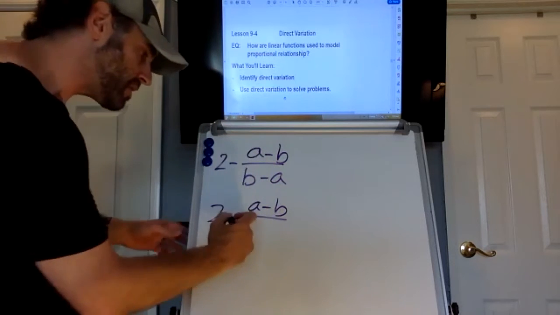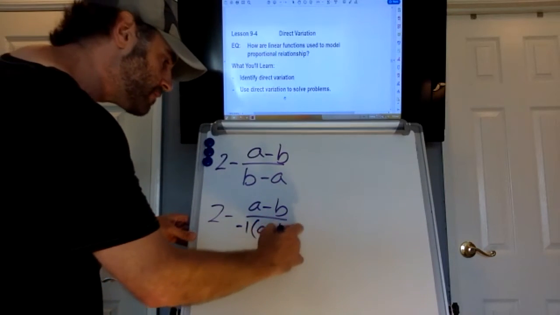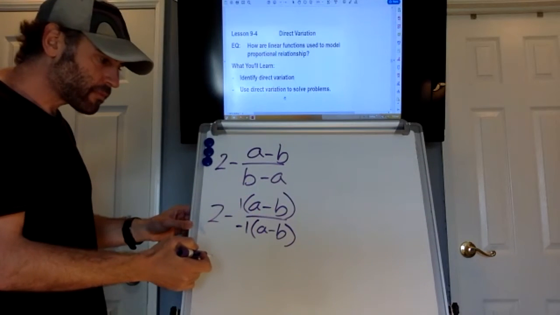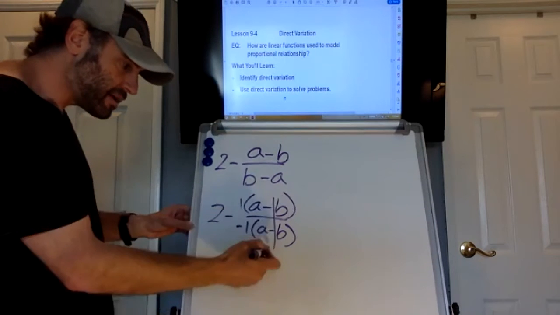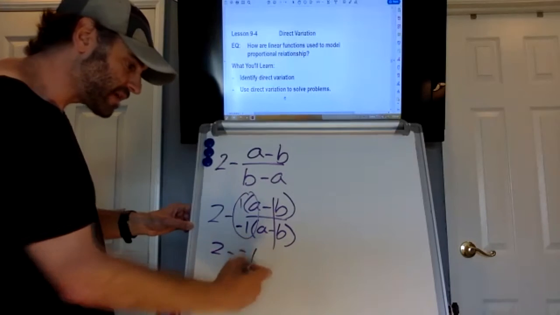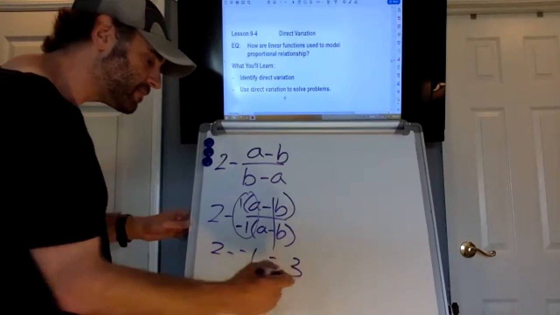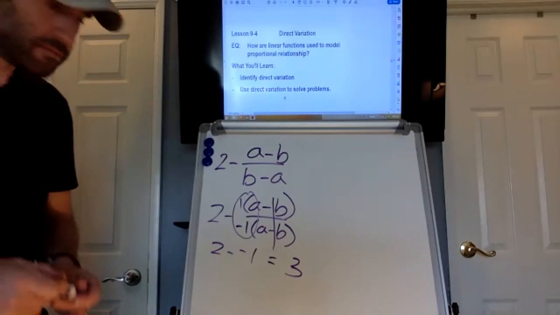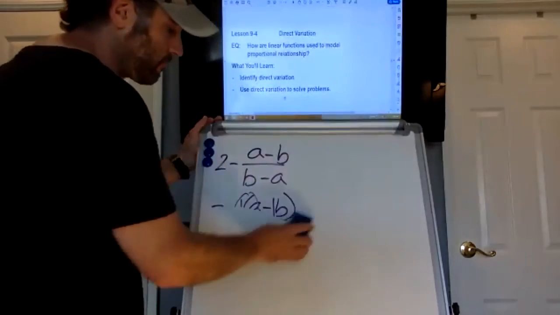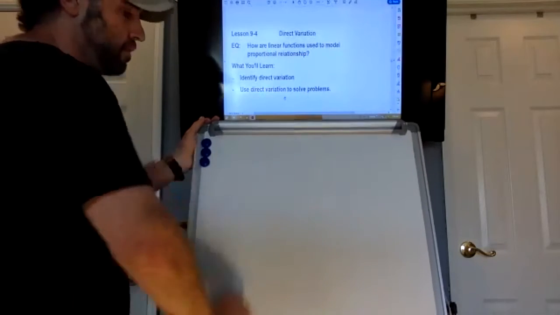And we just learned that by factoring that out and treating this as a group times -1. So this becomes -1. So you get 2 minus -1, and that's 3.